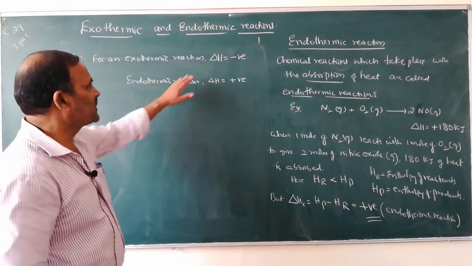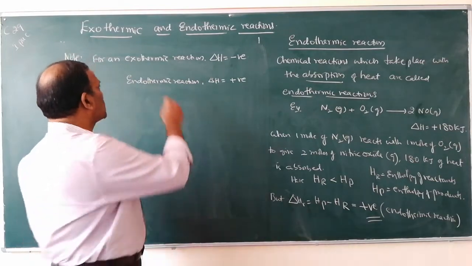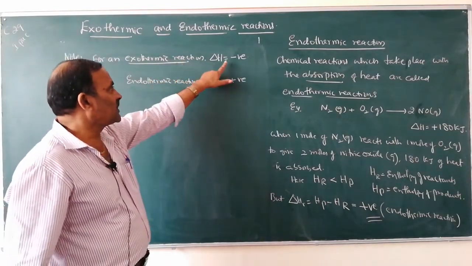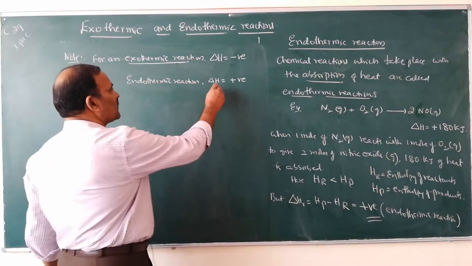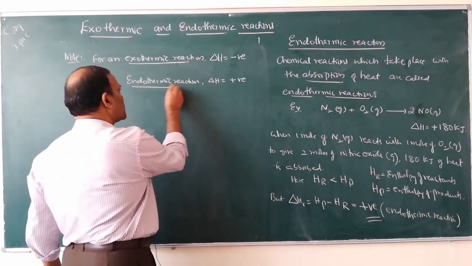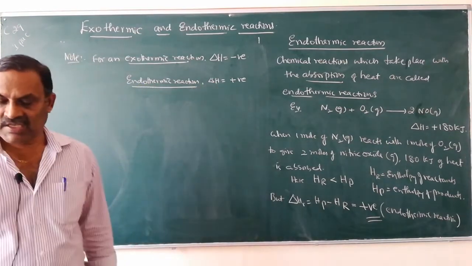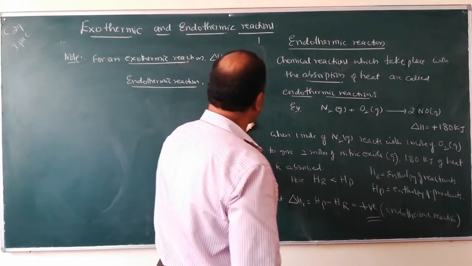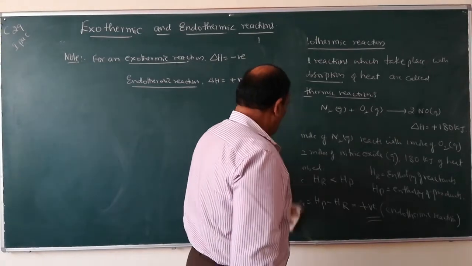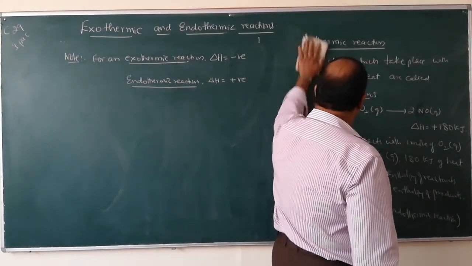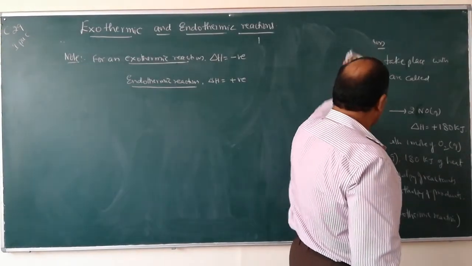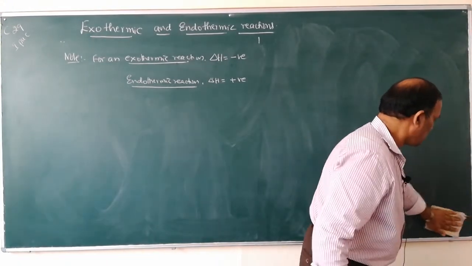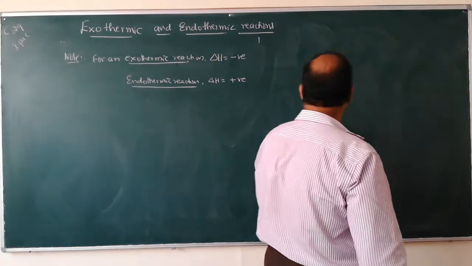So if delta H is negative, it is an exothermic reaction, that means the reaction takes place with the liberation of heat. If delta H is positive, it is an endothermic reaction which takes place with the absorption of heat. So these two definitions of exothermic and endothermic reactions are very important. They will be asked in the examinations.